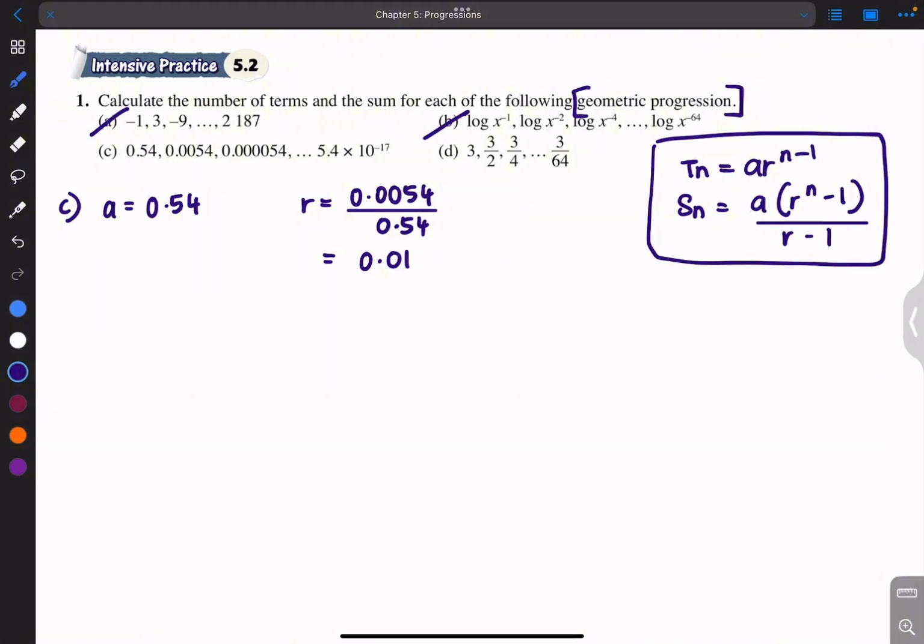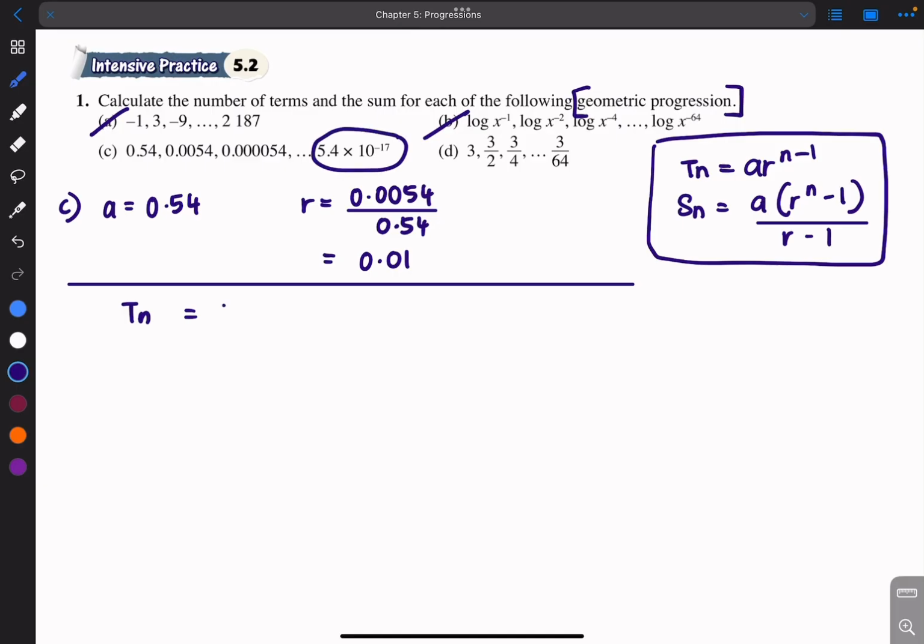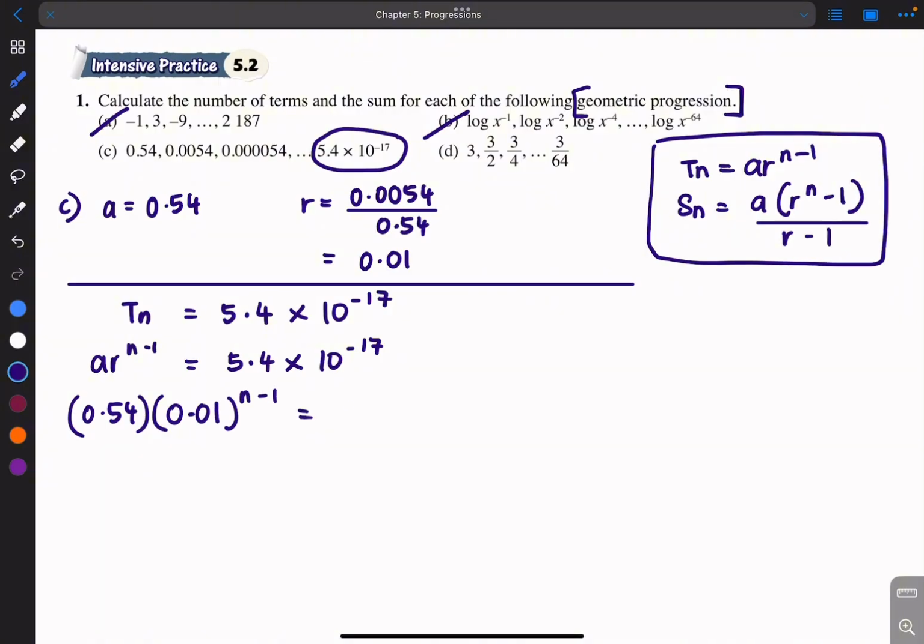Okay. So now we need to find Tn. So Tn is this, 5.4 times 10 power negative 17. So ar^(n-1) is 5.4 times 10 power negative 17. A we know, A is 0.54. R is 0.01. And then 0.54 we can bring it over here.